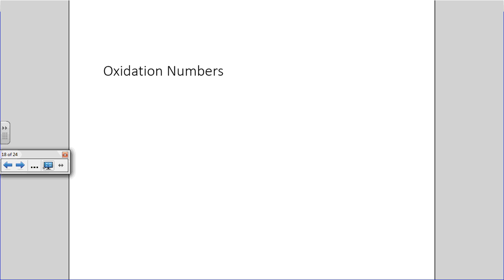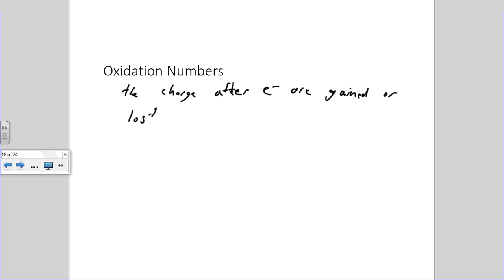So next, oxidation numbers. Again, we've said this before, but just to reiterate, oxidation numbers are the charge after electrons are gained or lost. So what this means is after we gain or lose electrons, we're going to be left with the charge.